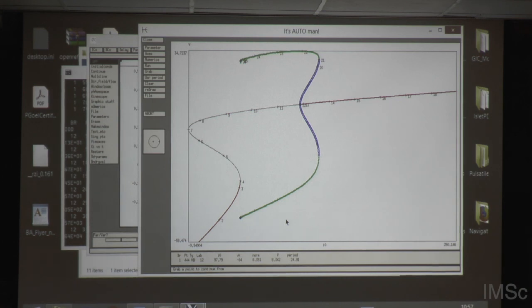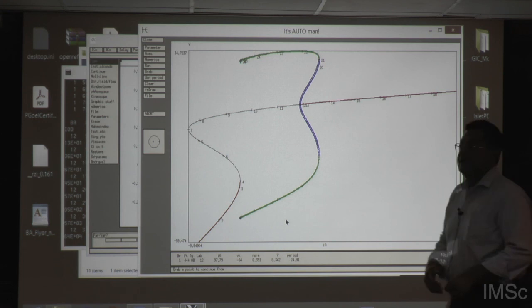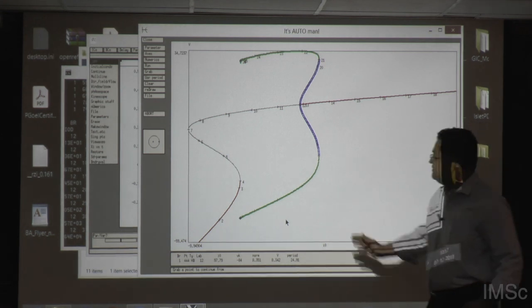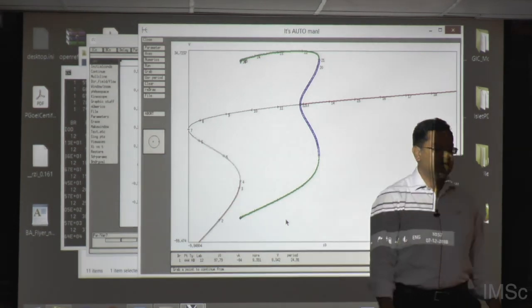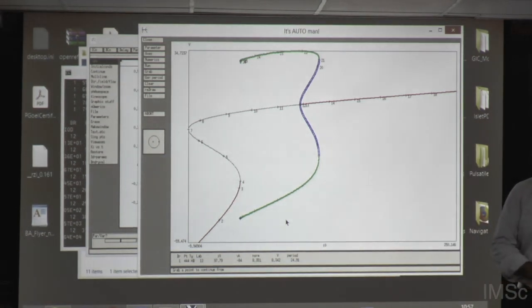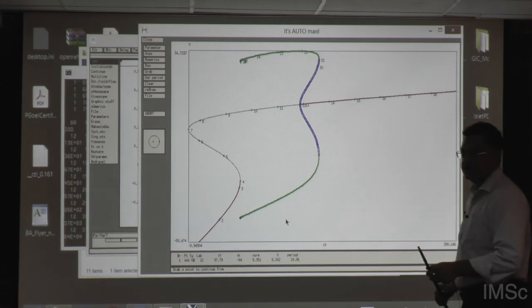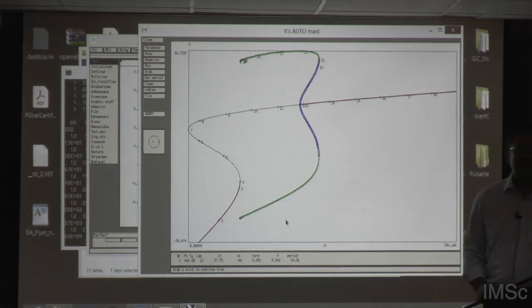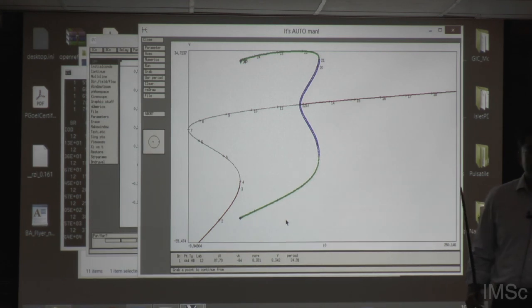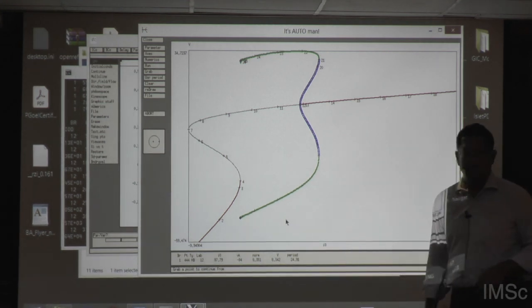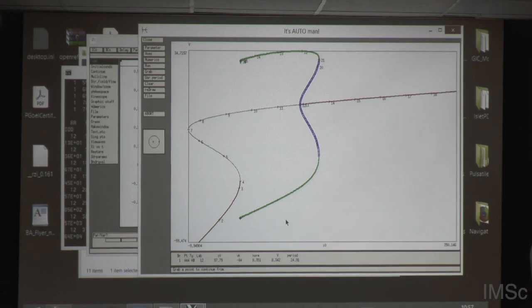I want you to think about why, and think of that explanation as the reason why this branch comes and vanishes into midair. Some of you mentioned that there's a homoclinic in here. You can discuss with me afterwards what a homoclinic is and why it is interesting in its own right. That's a special mathematical topic.